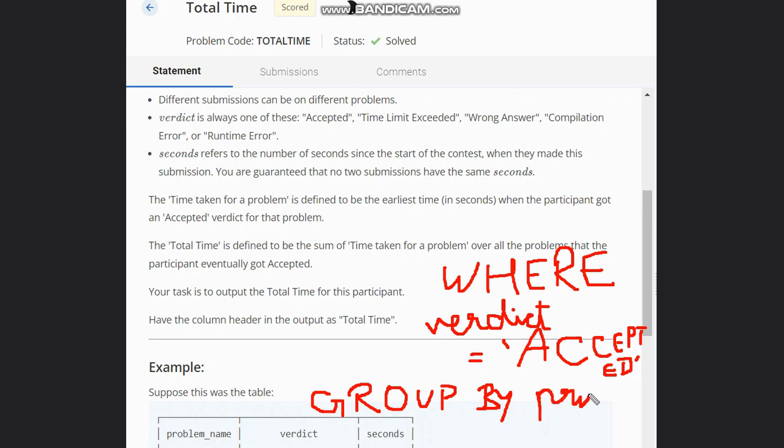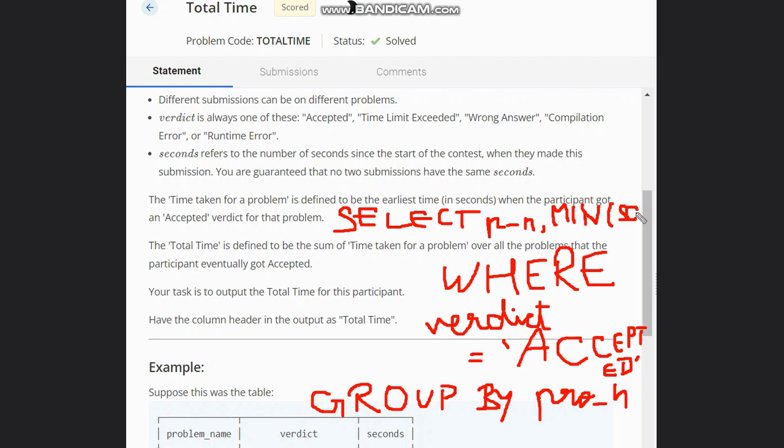Problem name, I'm writing it in short, you can write it fully. So what we need to select here: select problem name, let me write it even shorter, pn, comma, minimum of seconds.